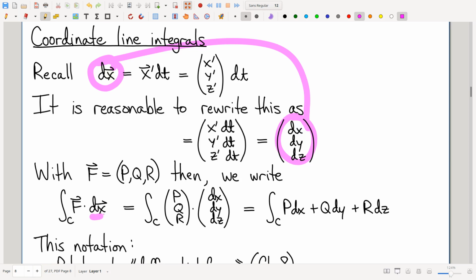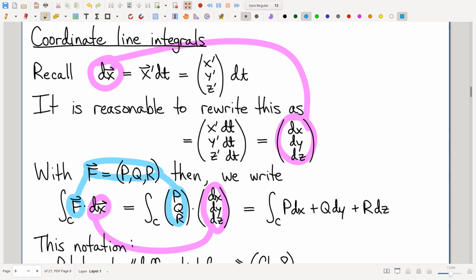So write your dx vector in coordinates. And if your vector field... well, you can write that in coordinates too. For whatever arbitrary reason, for a vector field F we often use P, Q, and R to represent the coordinates of the field vector.